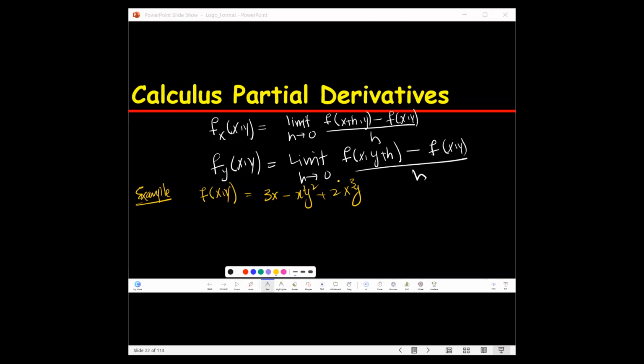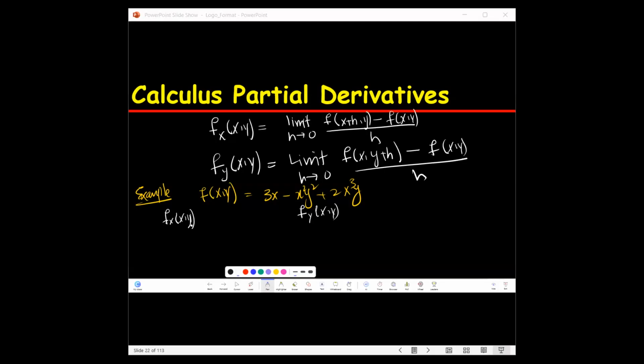And I need to calculate two things from this function. The first one is this, and the second one is this.